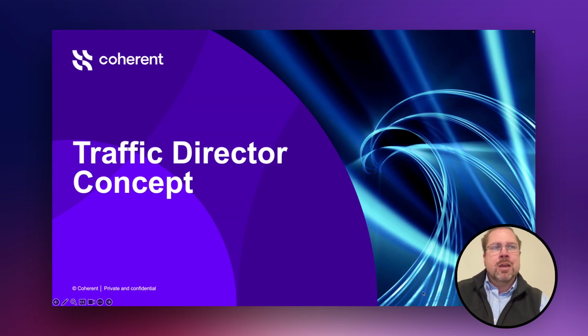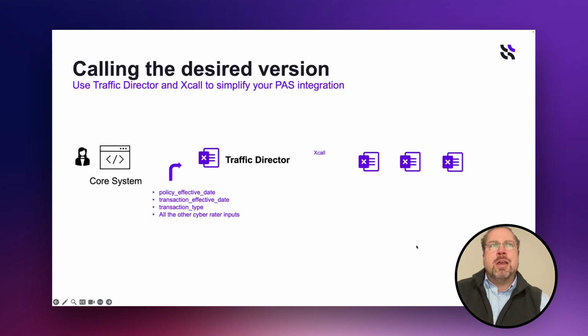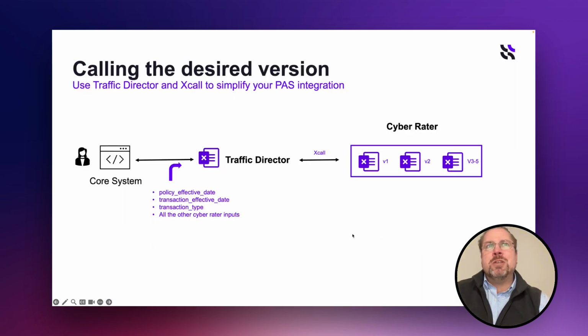The first one is going to be pretty simple. And it is basically using a traffic director to decide which version of a rater to call. So on my screen here, we have a core system on the left. Maybe it's a Guidewire or Duck Creek or Insurity or you name it. And on the right, we have a cyber rater with multiple versions that are live simultaneously, version 1, 2, 3, 4, and 5.